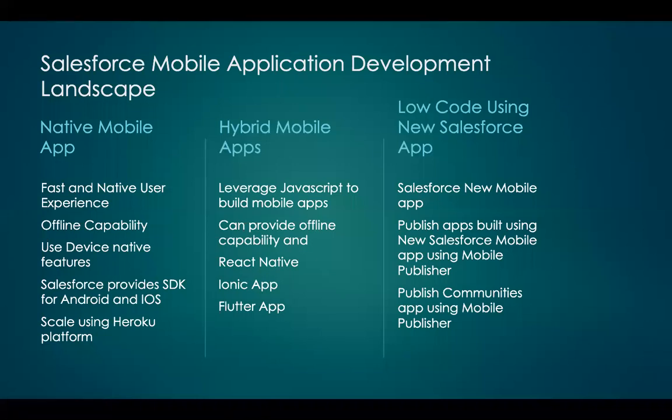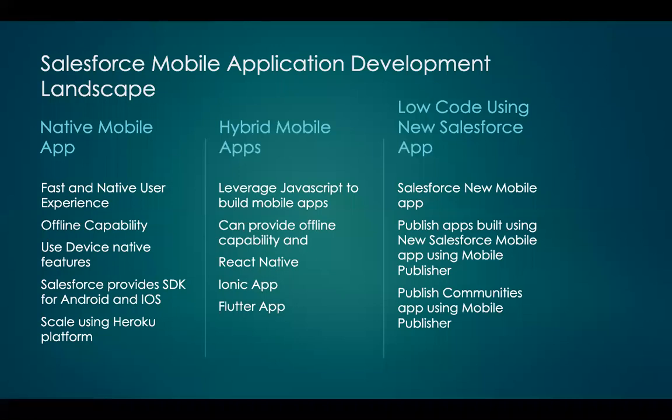So native mobile app is generally what you build when you have in-house developers in your company who are familiar with mobile and Android development, etc. And especially your users are looking for a really high performant app. It provides all the offline capability. Let's say you want an offline capability.